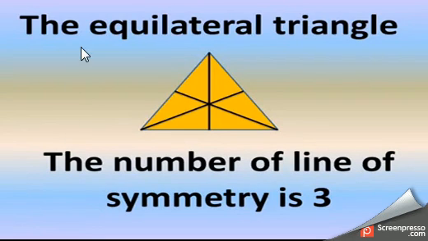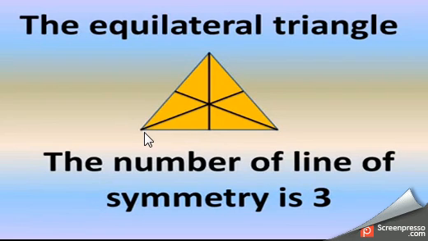The next example, the equilateral triangle. How many lines of symmetry does an equilateral triangle have? Students, what are its properties? All sides are equal in length.